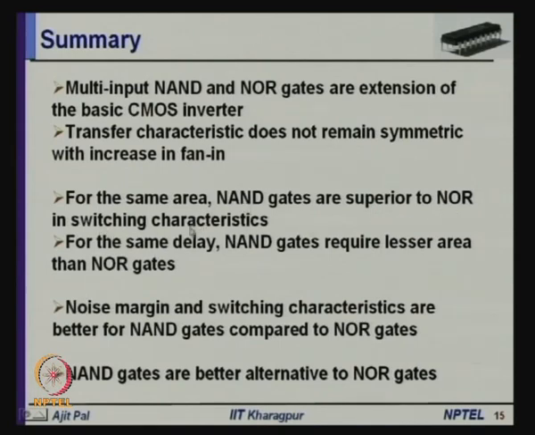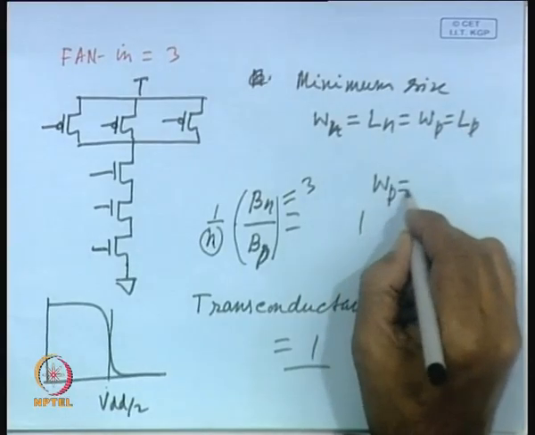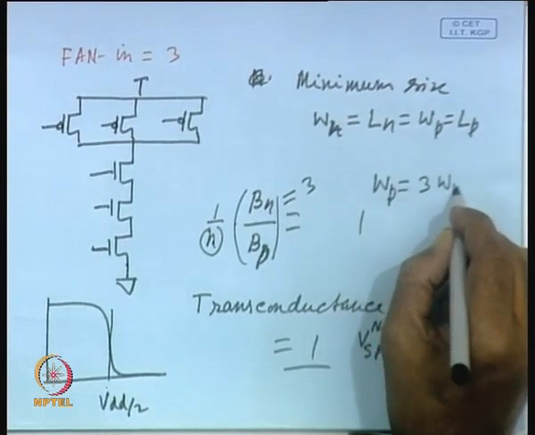Particularly, the noise margin is better, and also for the same delay, NAND gates require less area than NOR gates. We know that if we want the rise time and fall time to be identical, then Wp has to be 3 times that of Wn.